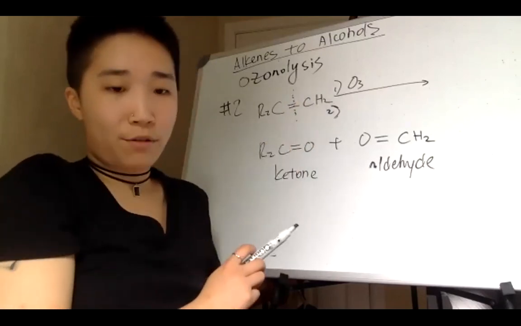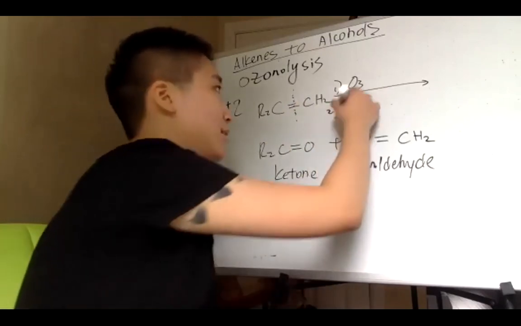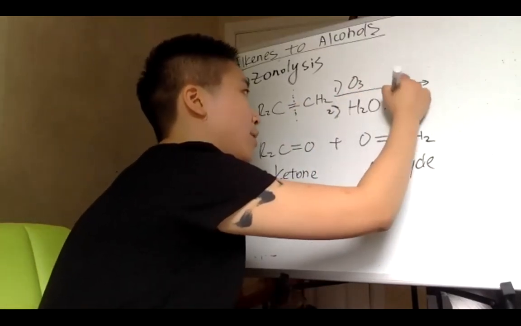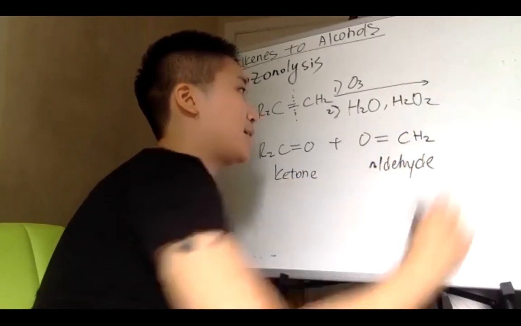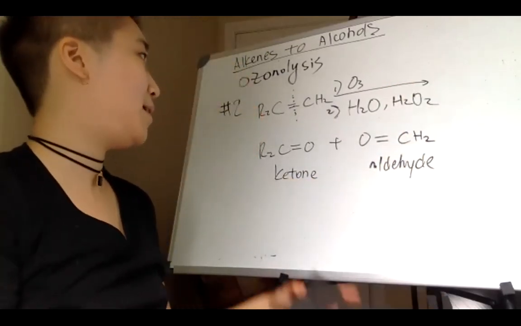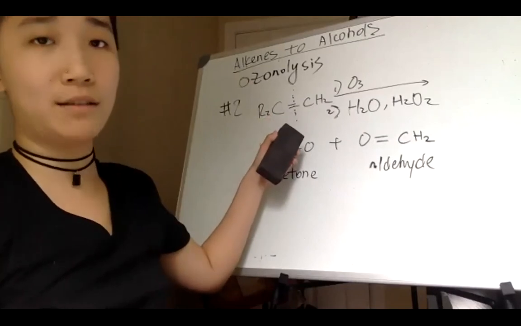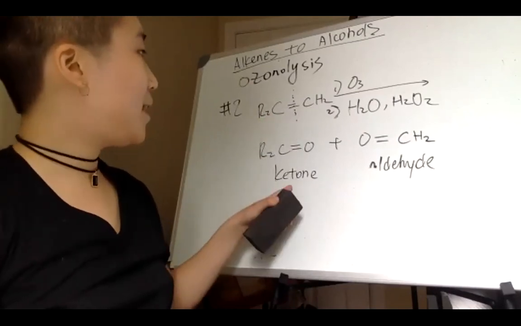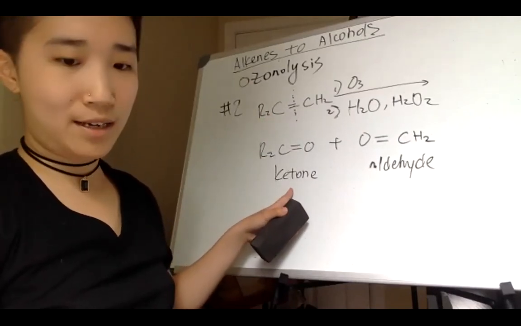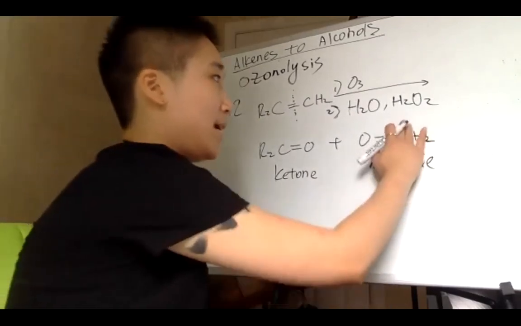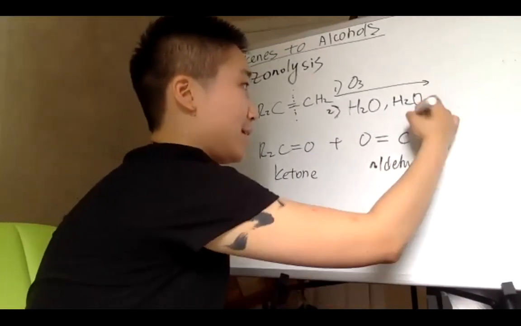And the second set of conditions that you can carry this reaction out under: first, you treat it with O3, same thing happens, and then you just throw in a bunch of water and hydrogen peroxide. What's going to end up happening is that you're going to cleave the molecule the same way, make the same ketone, and instead of an aldehyde, you're going to end up generating a carboxylic acid.